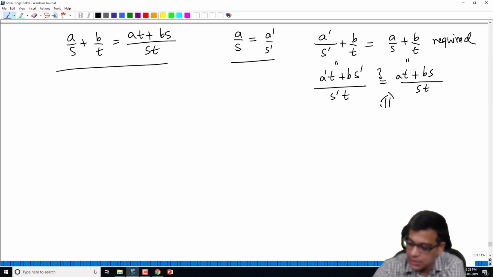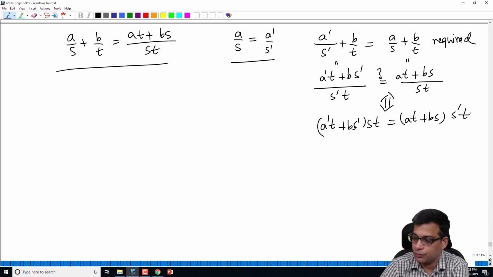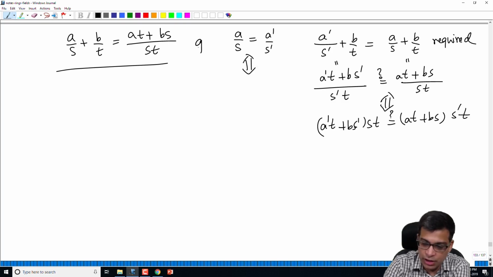Remember, this happens if and only if A prime T plus BS prime times ST is equal to AT plus BS times S prime T. This is what we want to check. But we are given this A by S is equal to A prime by S prime. That means AS prime equals A prime S. So this we know.